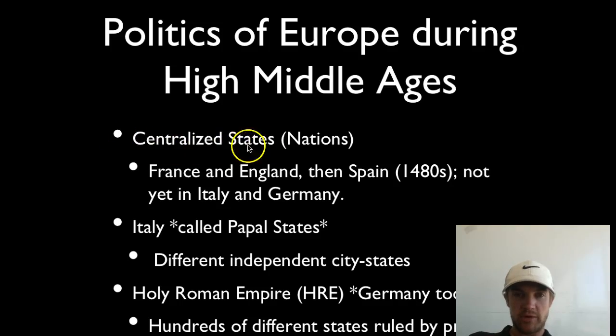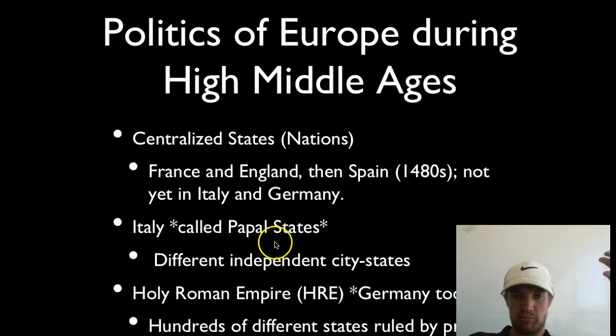Europe has a few centralized states, what we would consider nations, what we see in Europe today. France and England are two of the first centralized nations, meaning they have a government system, they see themselves as one nation. And then Spain shortly after in the 1480s, and not yet in Italy and Germany. Italy's divided up into what's called the Papal States.